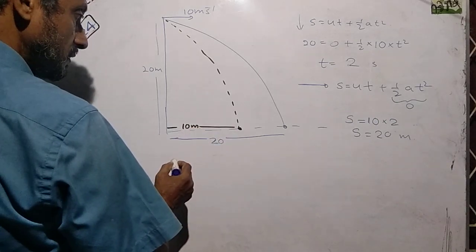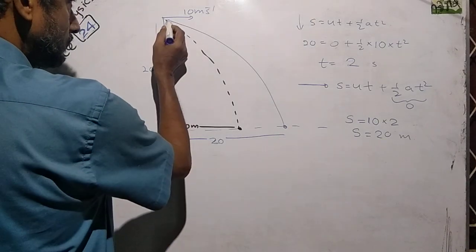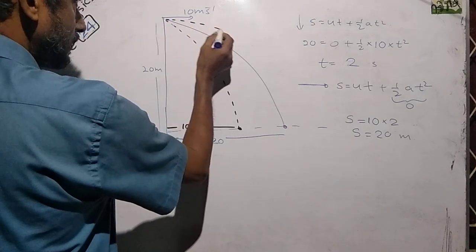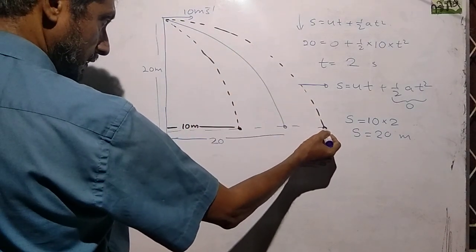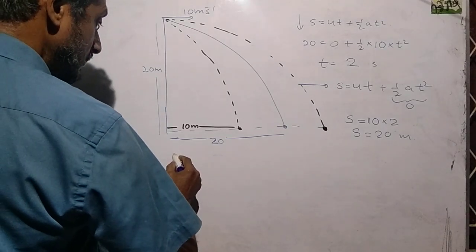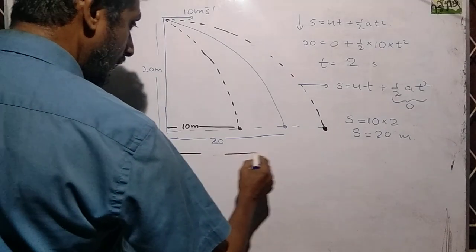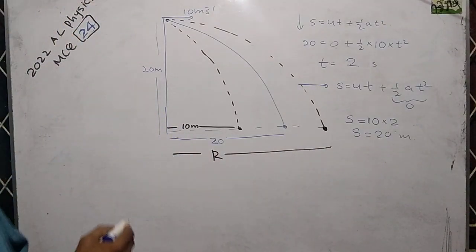And the other split part hits the ground at this point, and the horizontal range is given as r. We have to find the value of r.